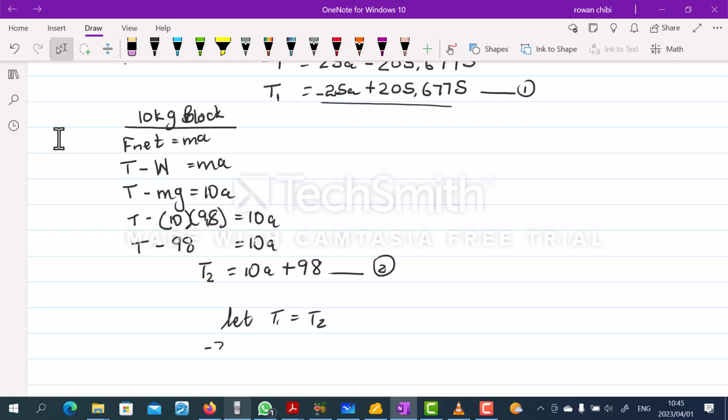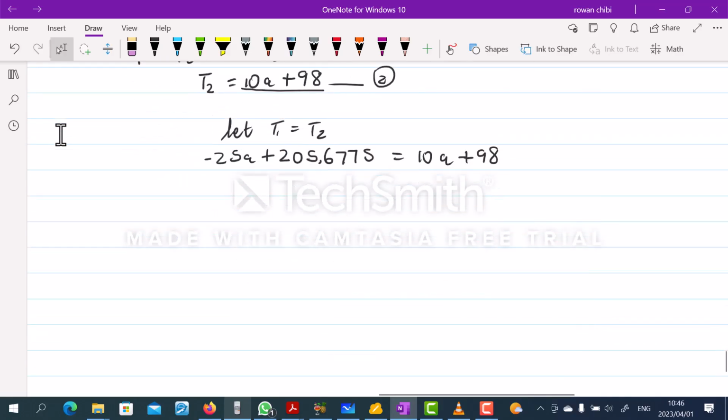It's negative 25a plus 205.6775 equals, what is T2? T2 is this one, which is 10a plus 98. So now we have this.